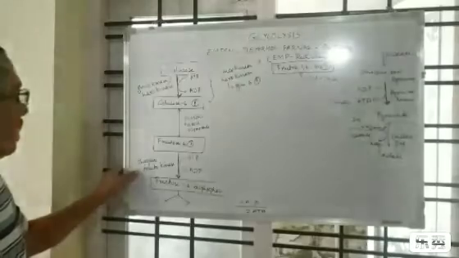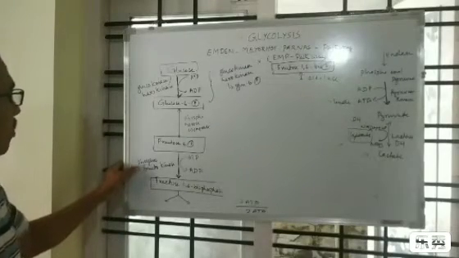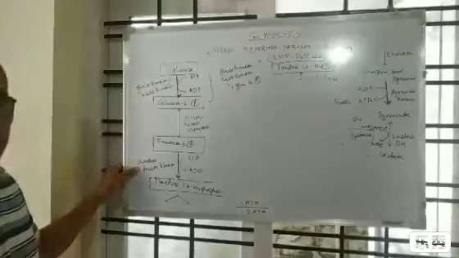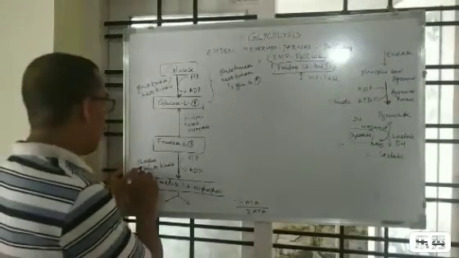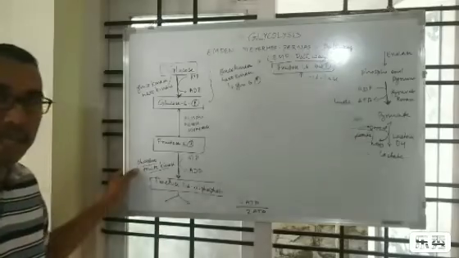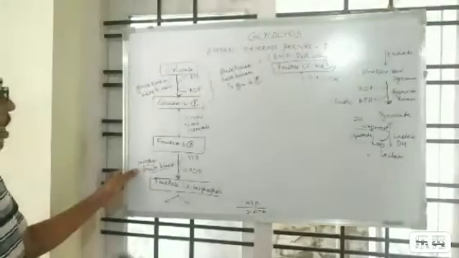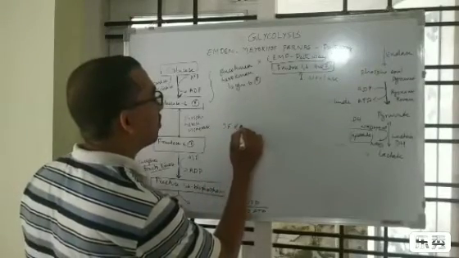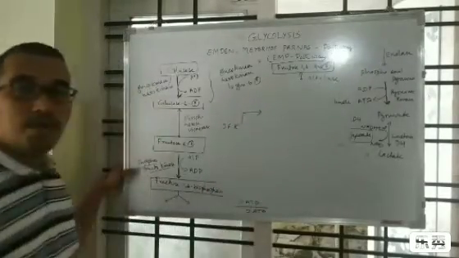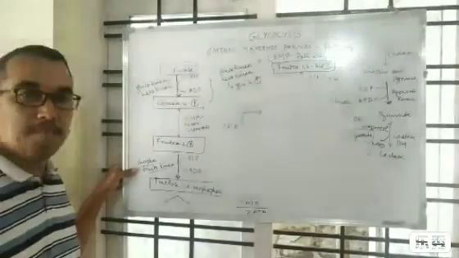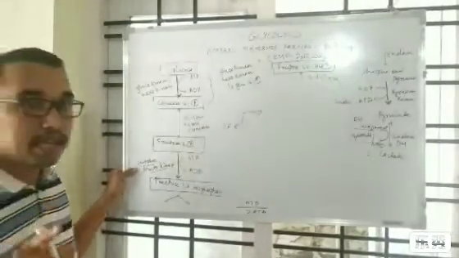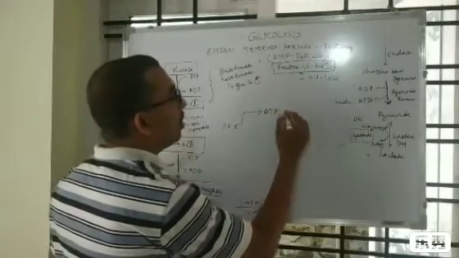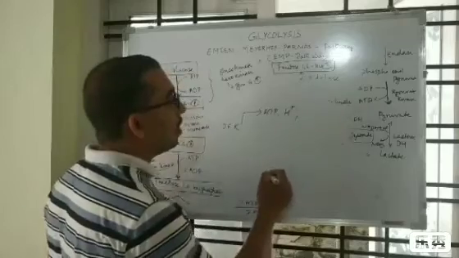Then coming to the second regulatory enzyme, phosphofructokinase. It is the rate limiting and committed step for regulating glycolysis. Phosphofructokinase is allosterically inhibited by ATP, hydrogen ion concentration and citrate.